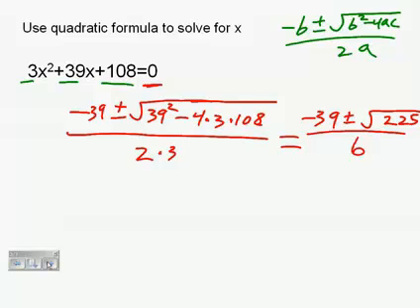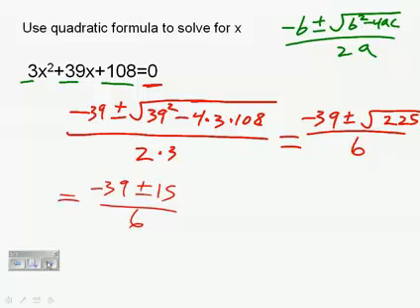So I have negative 39 plus or minus the square root of 225 all over 6. If I square root 225, it's 15. So I'm going to rewrite this: negative 39 plus or minus 15 all over 6.